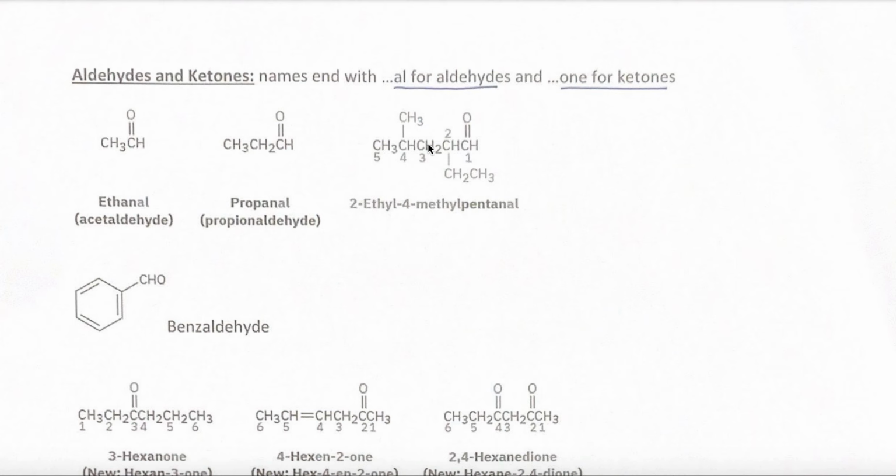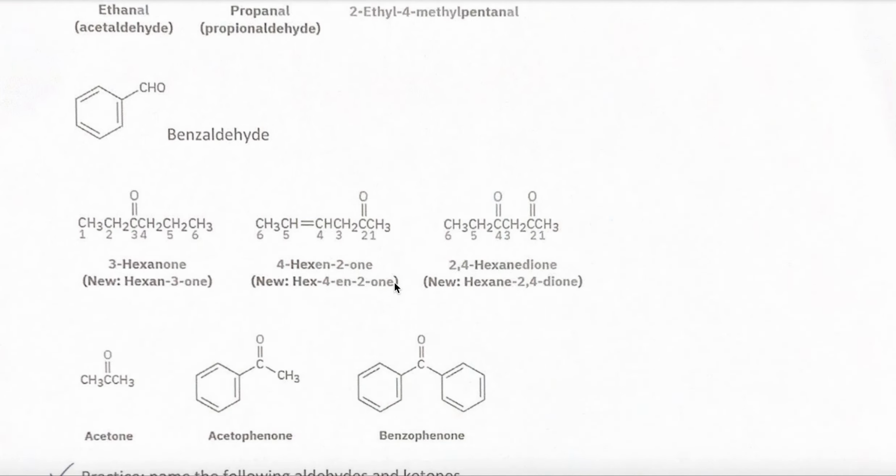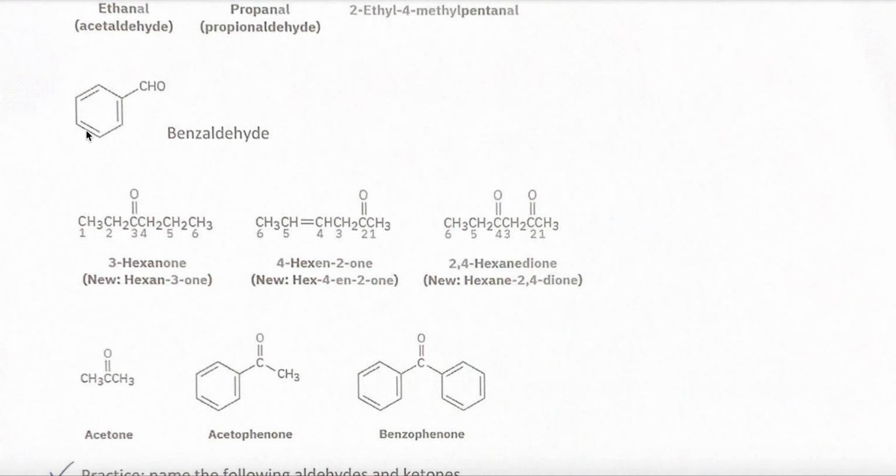This one, 1, 2, 3, 4, 5, so that's a 2-ethyl, CH2, CH3, the whole thing is called ethyl, that's methyl. So 2-ethyl-4-methylpentanal, pent means 5, okay. That's benzene aldehyde, so we call it benzaldehyde, make it shorter, nice.